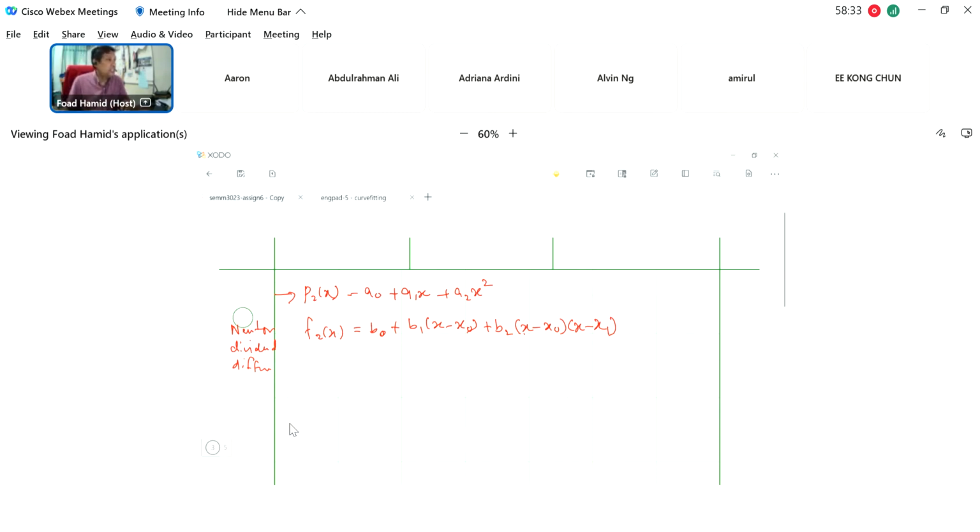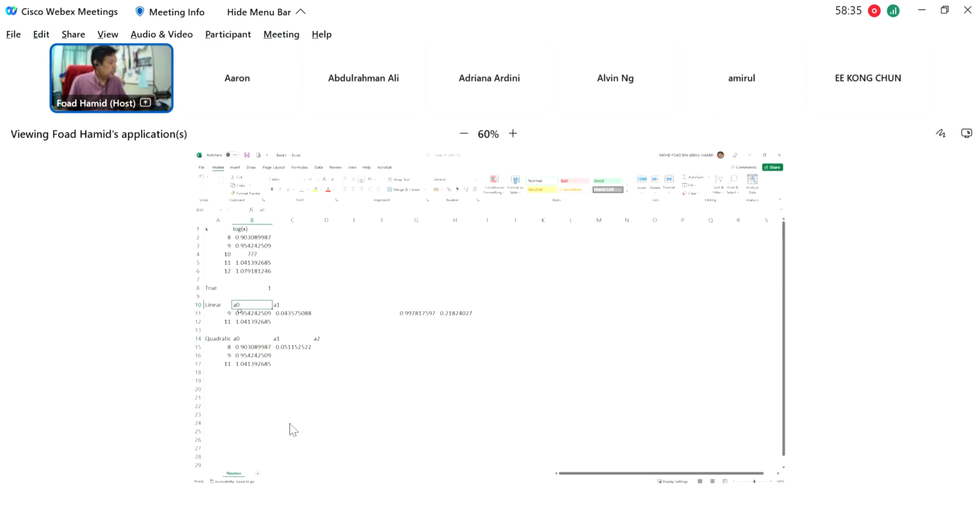So let me change this. Instead of a naught, let's use b naught to make this conform with the notation in the textbook. So this is b naught, b1, and b2. Now we have b naught and b1, because this is just the slope.